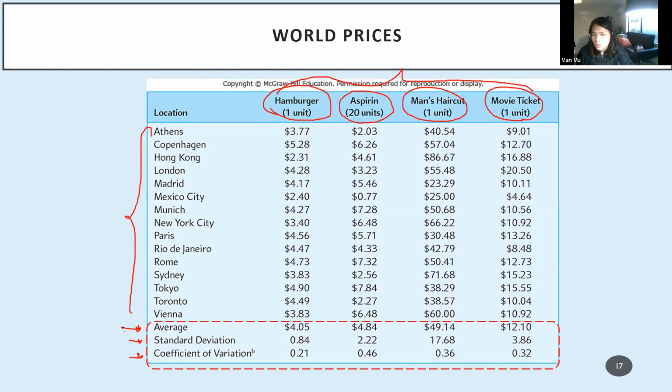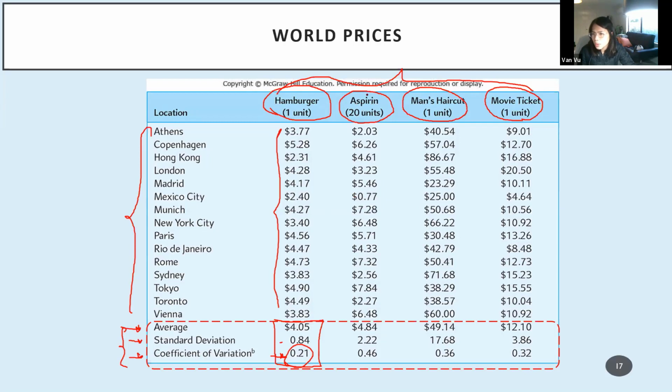The purpose of this exercise is to compare the price differences between different cities. For hamburger, most of the time the price is around 4.05, so it doesn't change too much from one city to the next. The standard deviation is only 0.84 and the coefficient of variation is 0.21. This is the standardized difference.